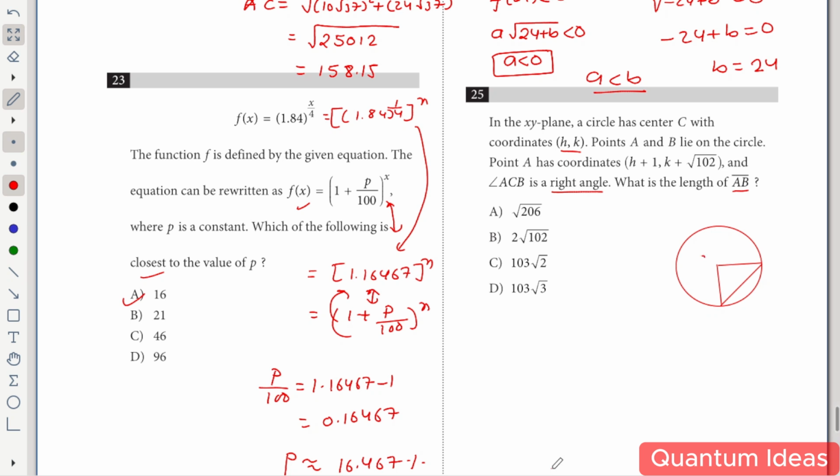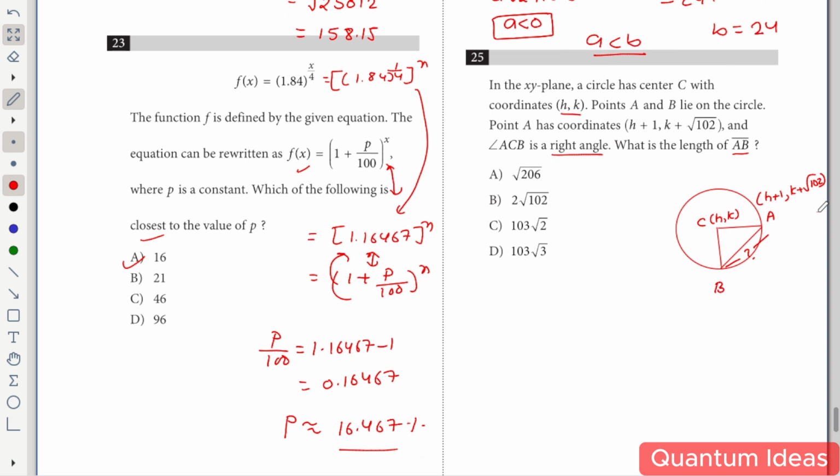Now this is the center, let's say this is (h, k) given by the question, and there are 2 points, let's say A and B. So A is how much? (h plus 1, k plus root under 102), and there is another point B. So we have to find the length of AB, right?